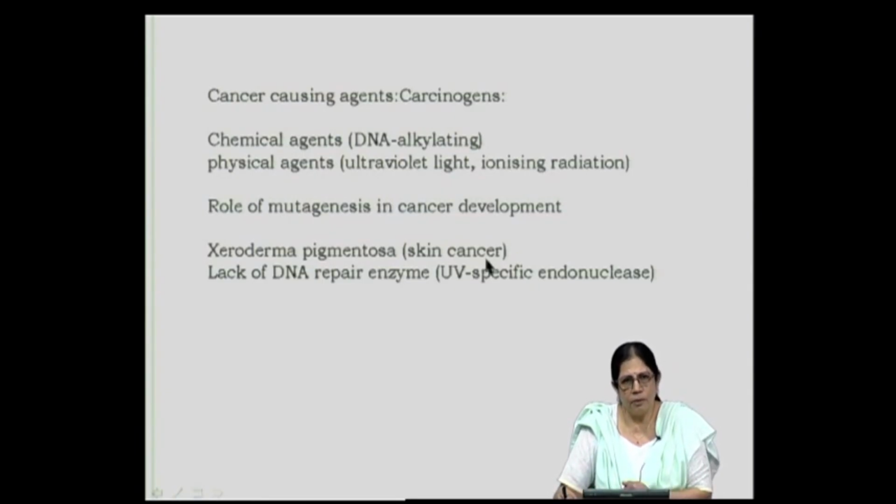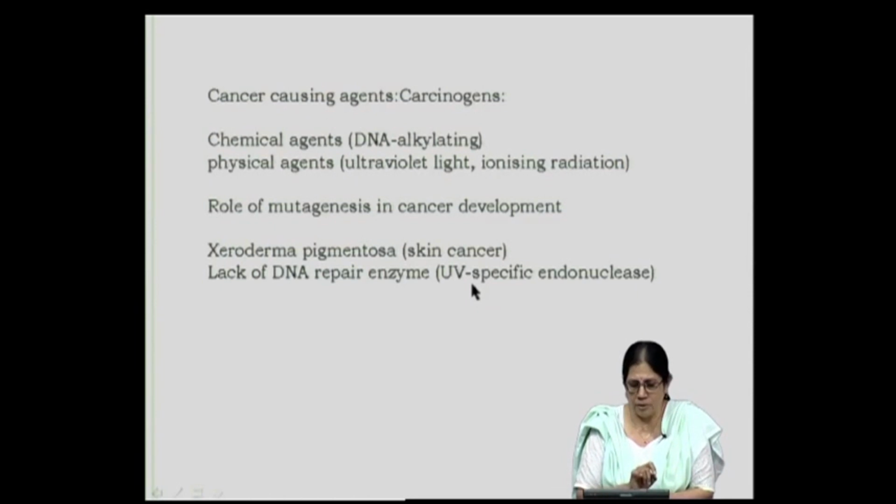Now, individuals with this particular condition lack a particular DNA repair enzyme. Apart from the DNA repair that I have talked about with respect to immunoglobulin gene organization, I am sure you can appreciate that DNA repair enzymes are absolutely required even during transcription stages. DNA is prone to get damaged by several mechanisms, and there are DNA repair enzymes.